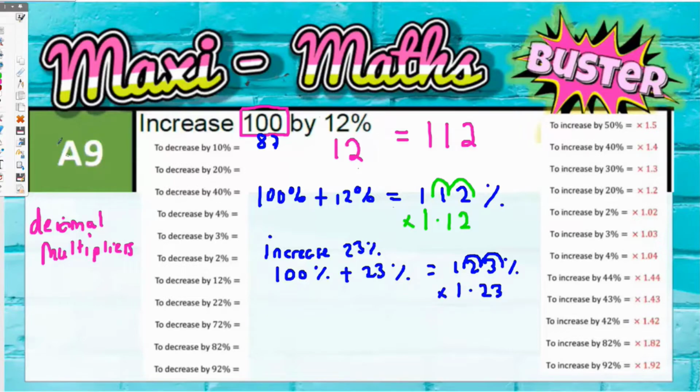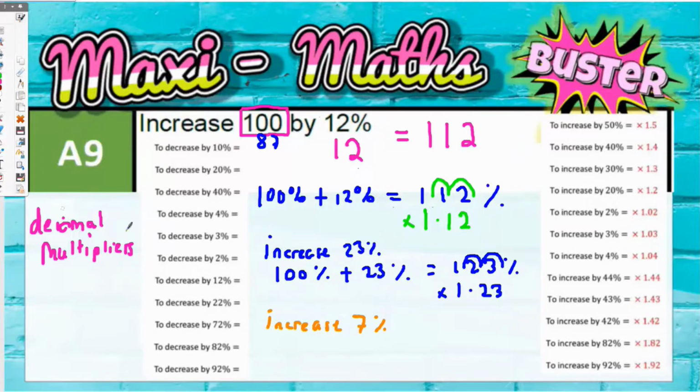If you were increasing by a percentage less than 10, so for example, increasing by 7%, some people think you can just put the 1 point in front. So 12% was 1.12, 23% was 1.23. So some people would think that increase by 7% is 1.7, but it's not timesing by 1.7, and you'll see why in a second.